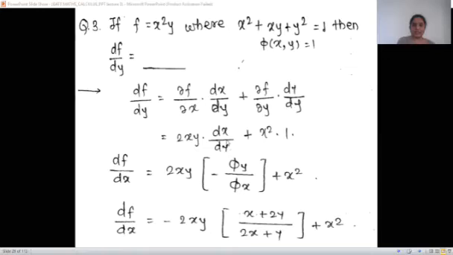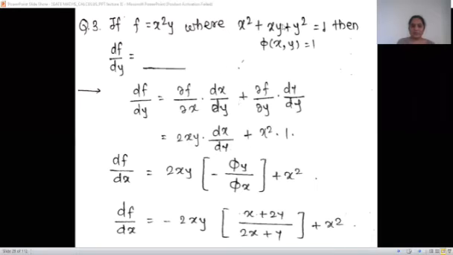What is dx by dy? We have to find that. And dou f by dou y is x square into 1, right? So actually it is df by dy, sorry. It is 2xy into dx by dy.